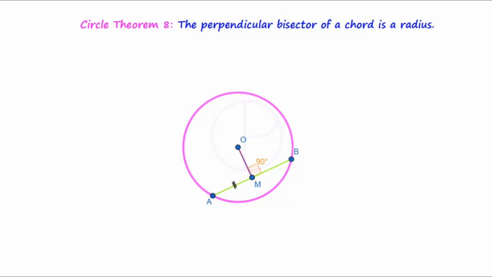Bisect means cut into half. If we take any chord in a circle, the perpendicular bisector of the chord is a radius.